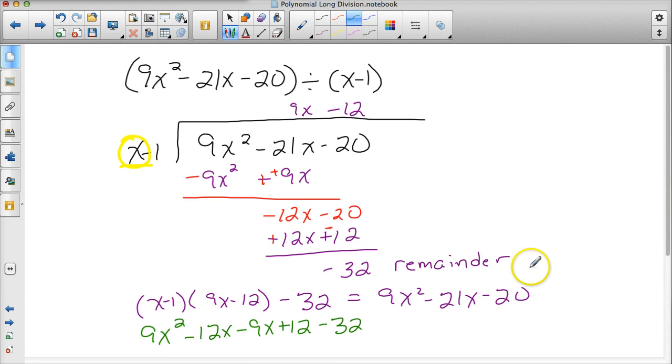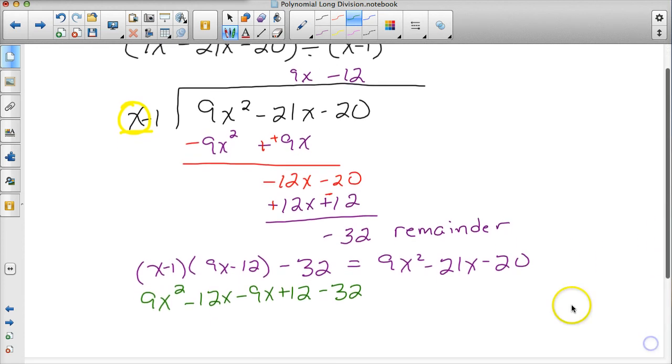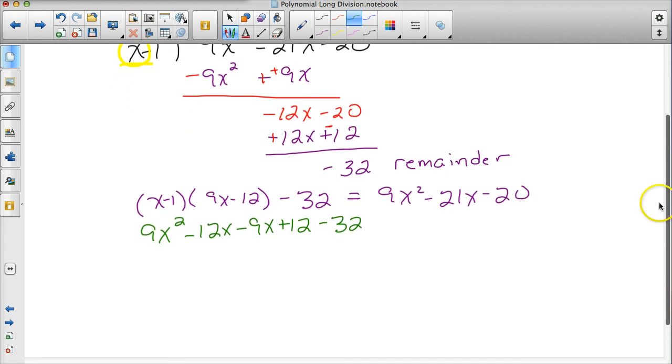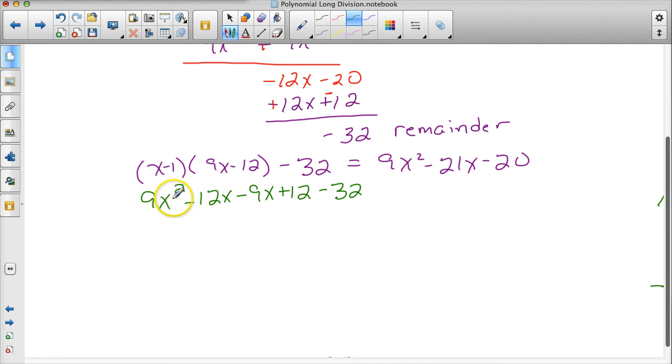Now, I want to simplify this because I have some common terms. Nine x squared doesn't have another common term, so it's just 9x squared. But negative 12x minus 9x, those are common terms.